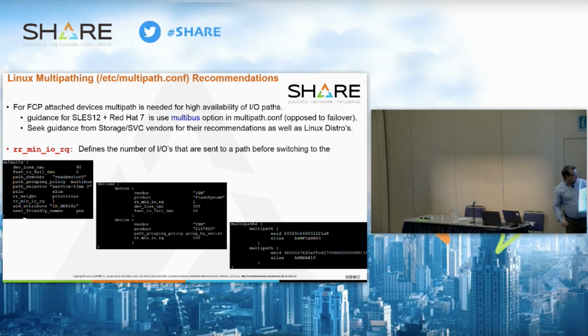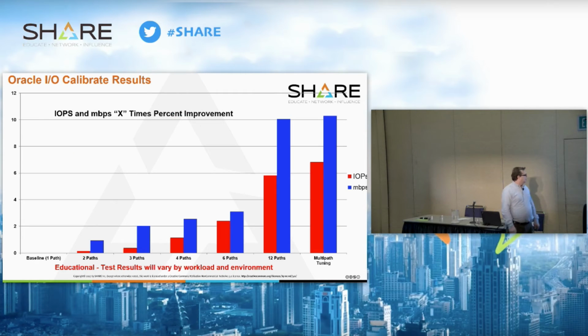And then I always set up aliases down here so that it's easier to configure the disk for Oracle. This is an example from a proof of concept where we added 2 fiber channel cards. We went to 3 paths, 4 paths, 6 paths, 12 paths, and multi-pathing. You can see the IOPS improvement is 12x for running a lot of high workloads. So Oracle does a lot of I/O and can perform really well, and it can use the paths.